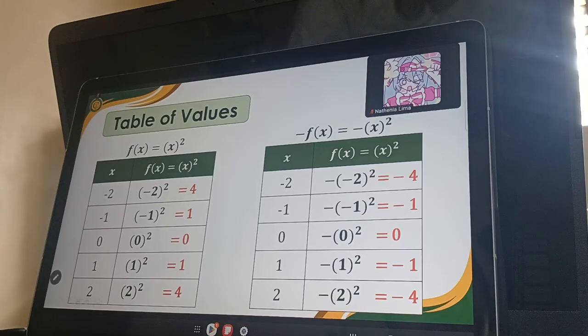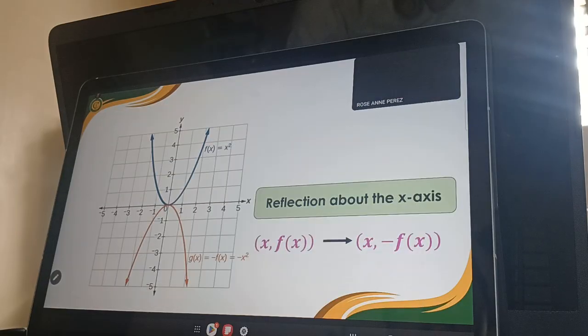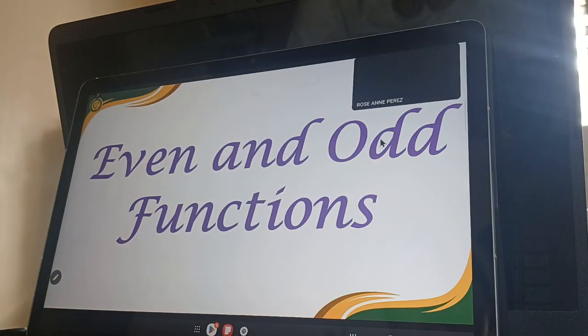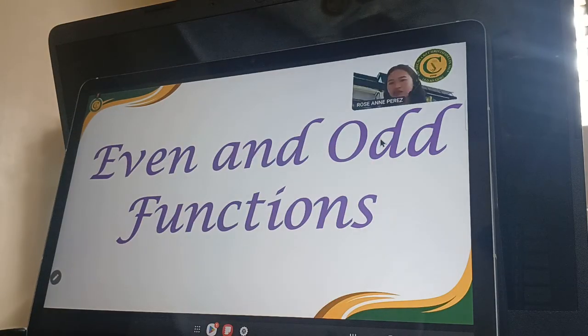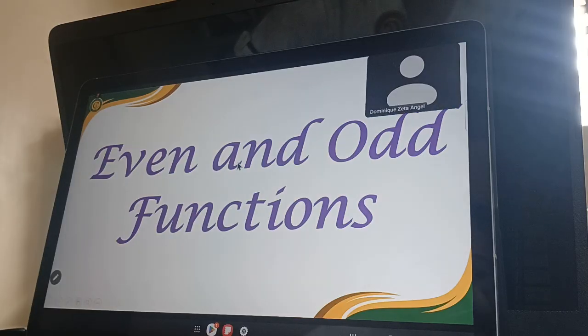Since you don't have questions about reflection, we will proceed to the next subtopic, even and odd functions. So what is even? Big knowledge about mathematics. What is even? Any number that can be divided by 2.